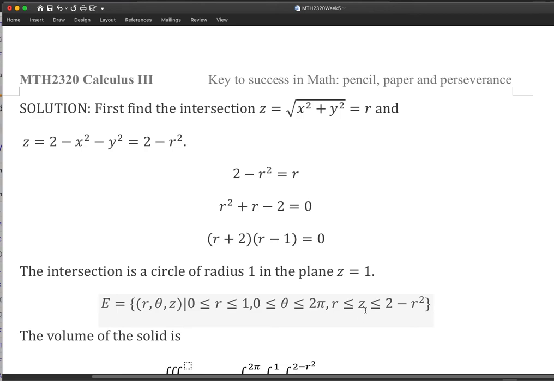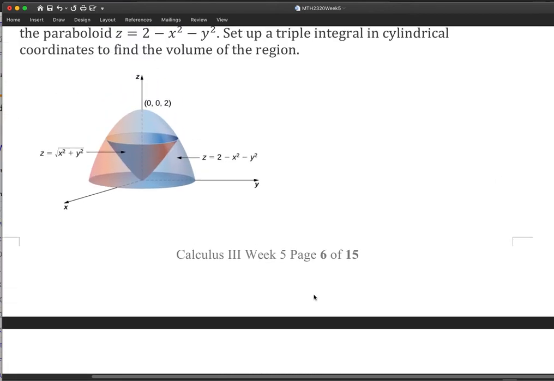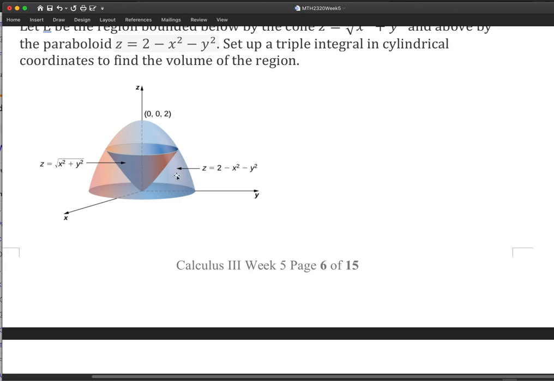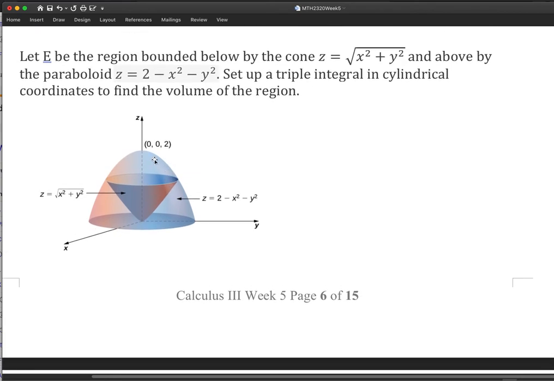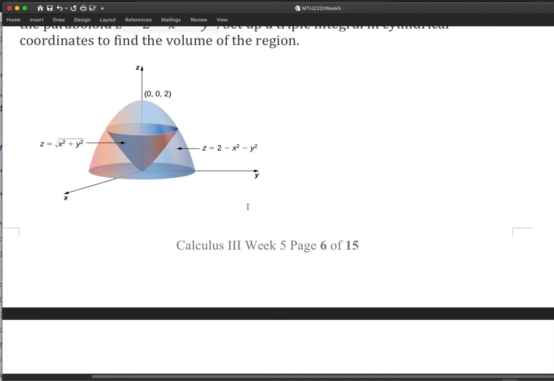And then z moves from the lower surface, z equals r, to the upper surface, z equals 2 minus r squared.